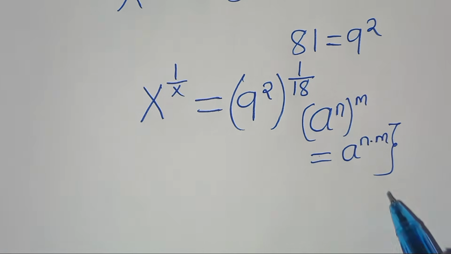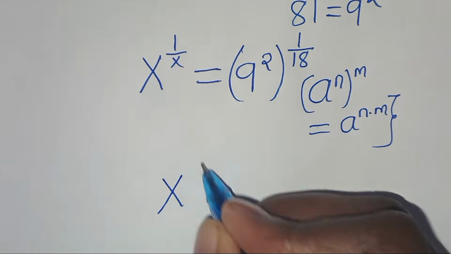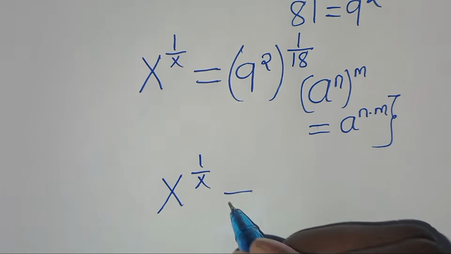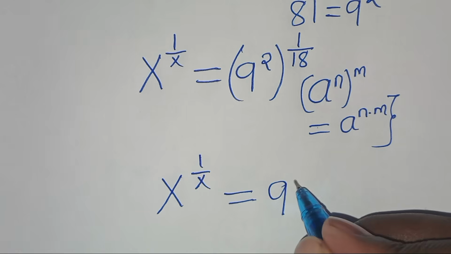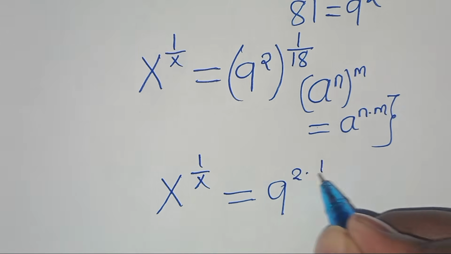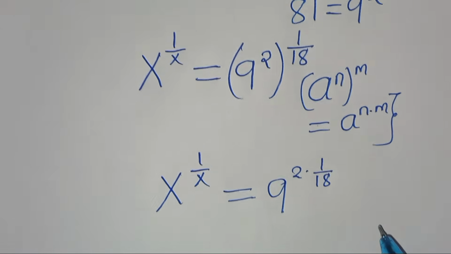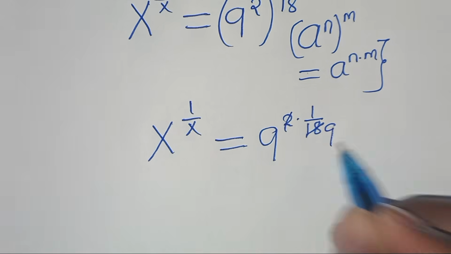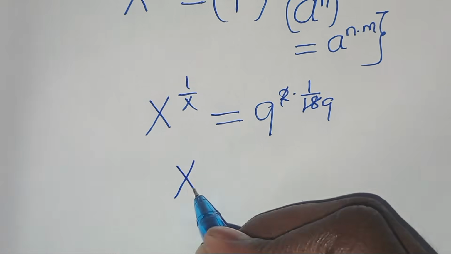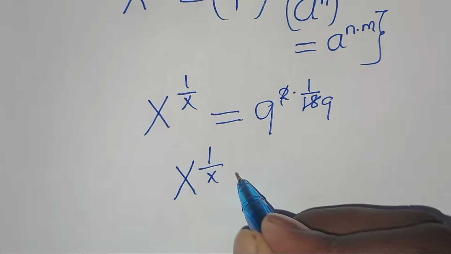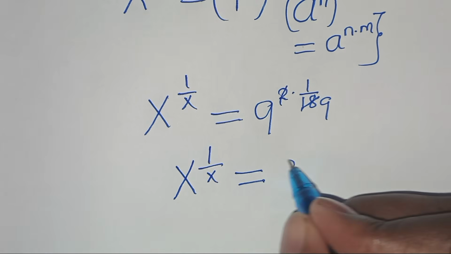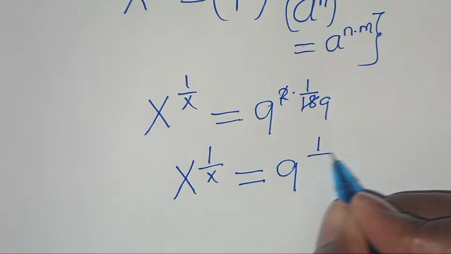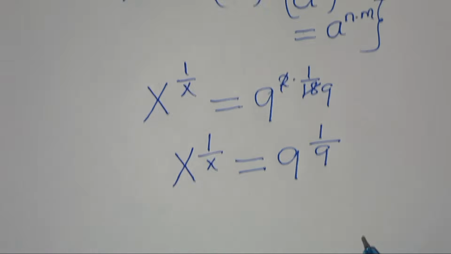Applying this exponent property, we have x to the power of 1 over x equal to 9 raised to the power of 2 times 1 over 18. Let's simplify here. 18 divided by 2 is 9. So we have x to the power of 1 over x equal to 9 raised to the power of 1 over 9.